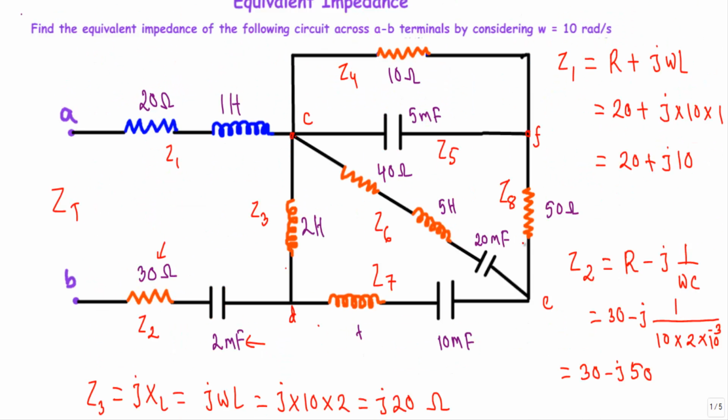Now look at C and E terminals. I have this branch impedance Z6 and the branch is composed of 40 ohm resistor, 5 Henry inductor and 20 millifarad capacitor. So in this branch I have the resistor, inductor and capacitor in series.